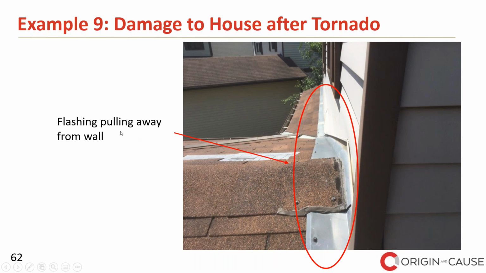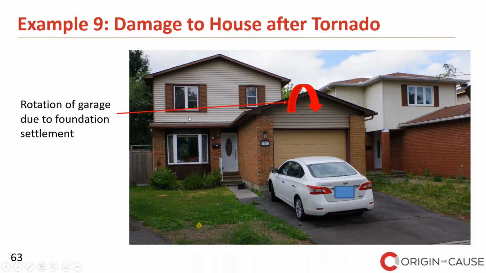One was the flashing pulling away from the exterior wall of the building, and also the gap was narrow at the bottom and got wider at the top, which was a clear indication of some sort of rotation of the garage because of the soil settlement.